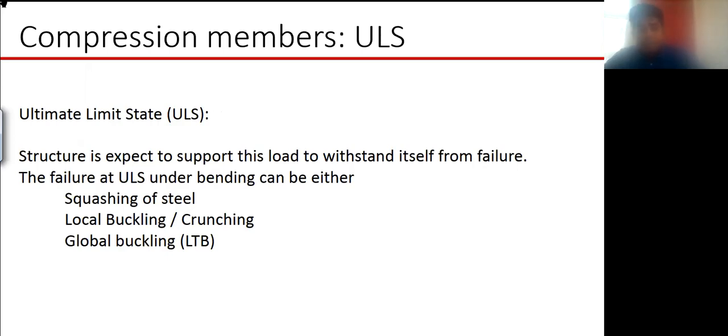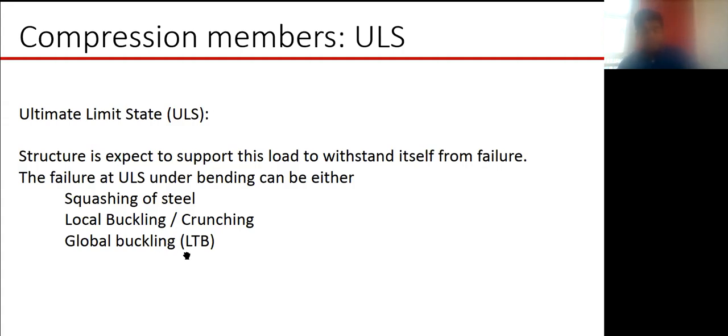Then you can have local buckling or crunching. We have seen earlier that there can be local buckling, say a flange may deform in a small area, or you can experience some deformation on the web. That is called local buckling. Or it can have global buckling. This can also happen.